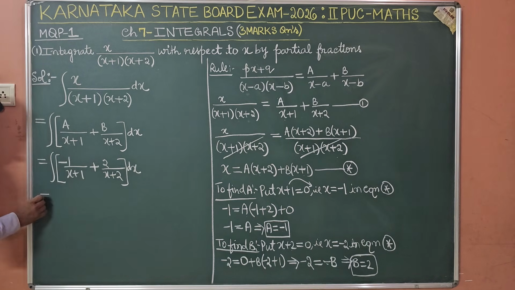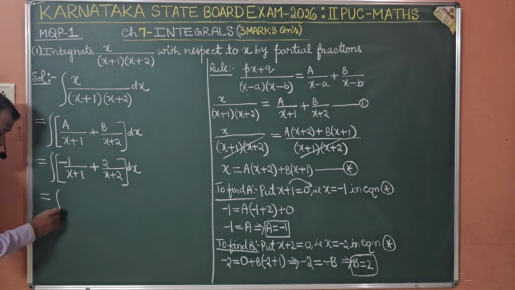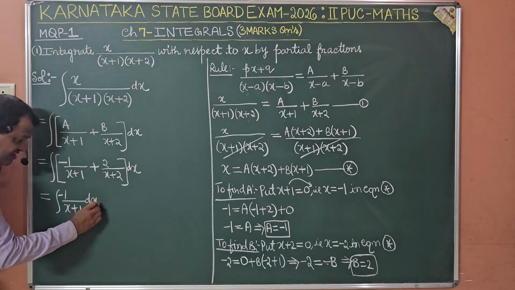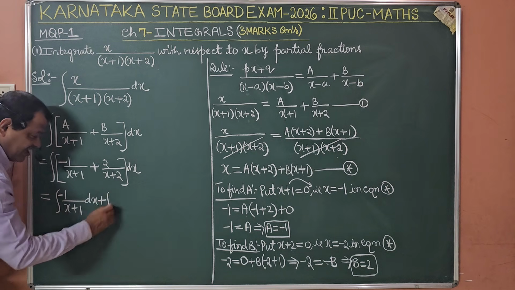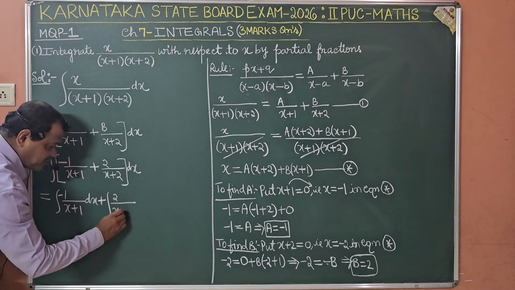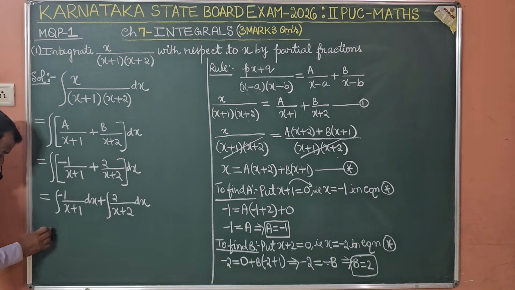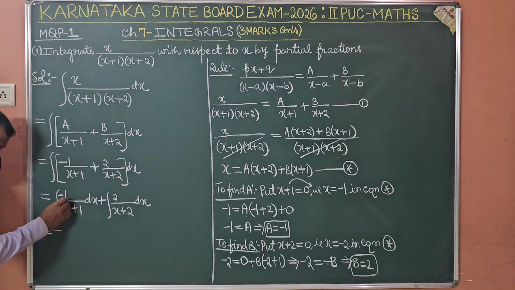How? The first one is the integration of minus 1 by x plus 1 dx. In the second one, it is the integration of 2 by x plus 2 dx. The minus 1 stays as it is, my dear student.